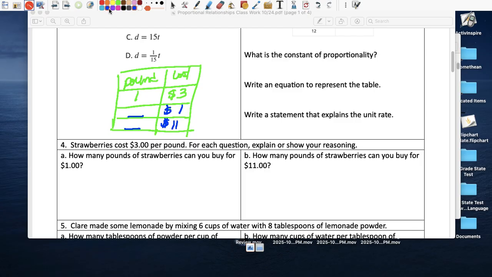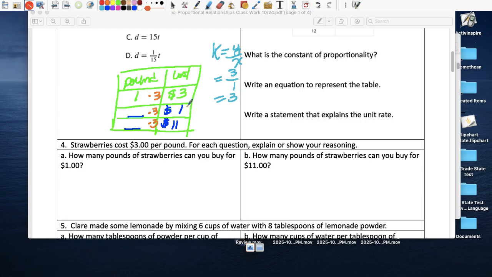So let's find the constant of proportionality. k equals y over x. So how did the 1 become a 3? What did I multiply 1 by to become 3? This one's going to be easy because the cost is 3, the number of pounds is 1, and the constant of proportionality is 3. So it's times 3, times 3, times 3. 1 times 3 is 3, that works, but now we're looking for something times 3 equals 1.